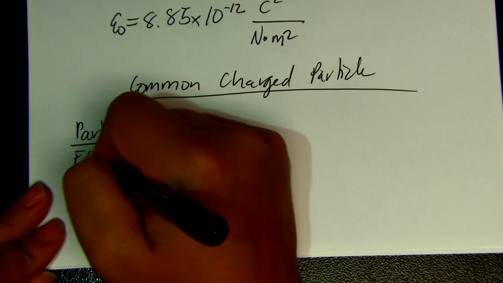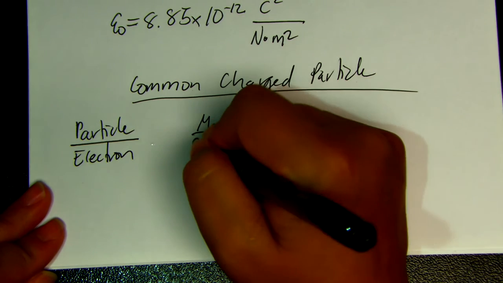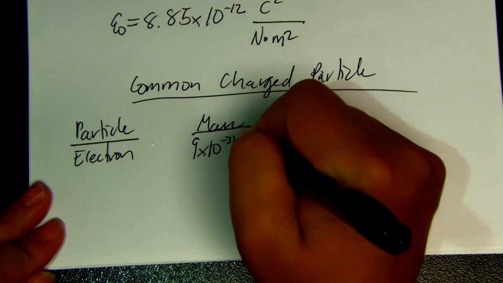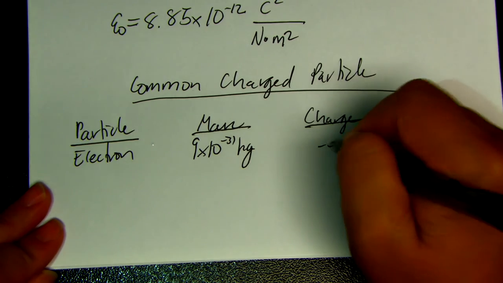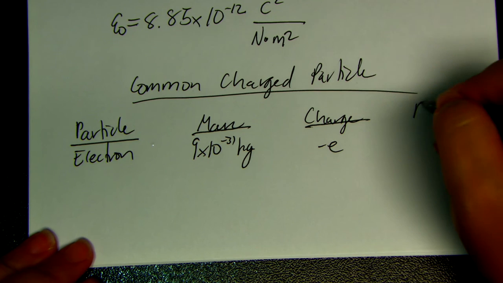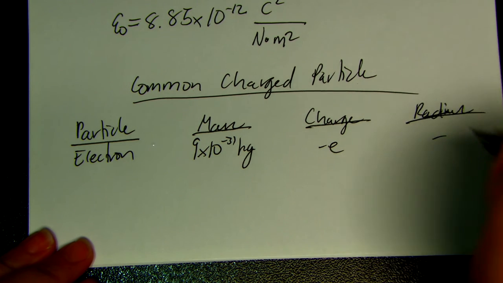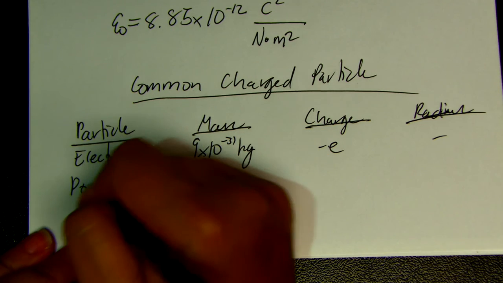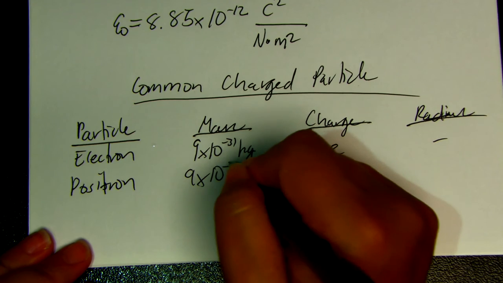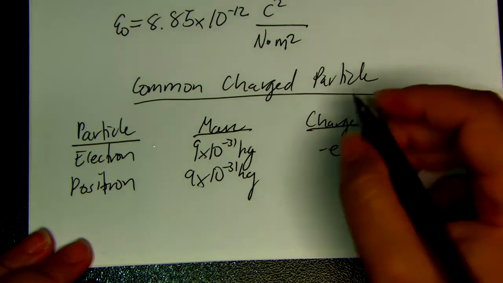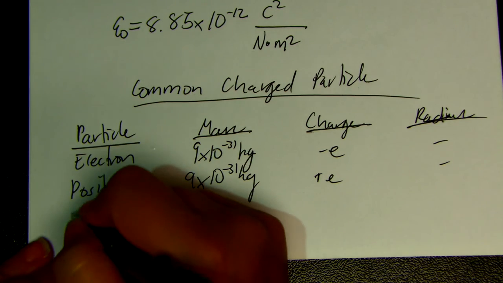We have the electron, which has a mass of 9 times 10 to the minus 31 kilograms, charge of minus E. We have the positron, which is the electron's antiparticle, same mass, 9 times 10 to the minus 31 kilograms, charge positive E, same size.